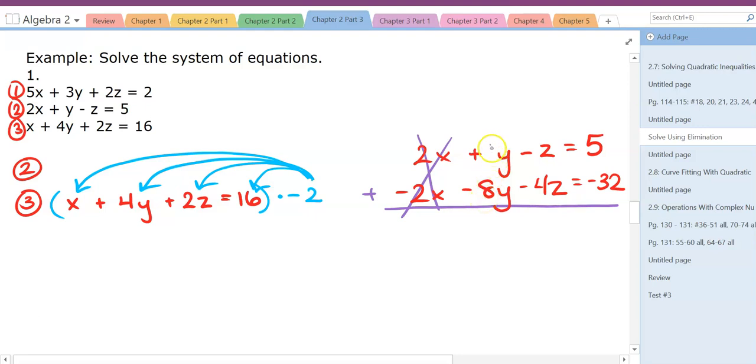So that's like 1 plus negative 8, which would be negative 7y. Negative 1z plus negative 4z would be negative 5z. And then 5 plus that negative 32 is going to be negative 27.